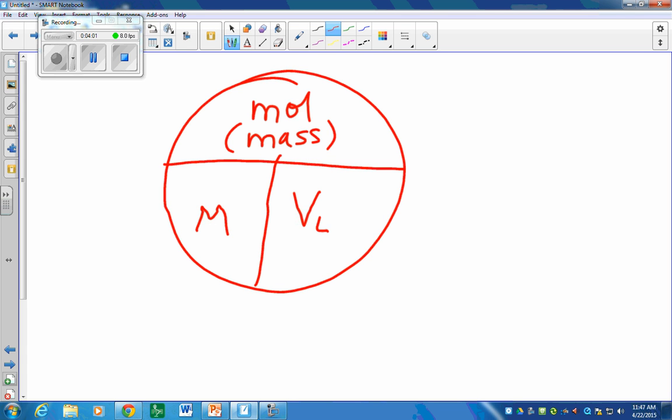These 2 concepts, mole and mass, are very closely related by a concept called molar mass, and that comes off the periodic table.